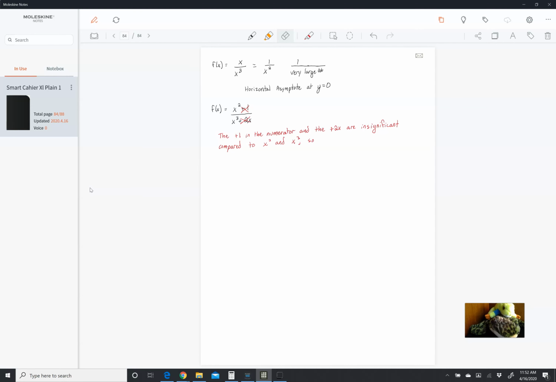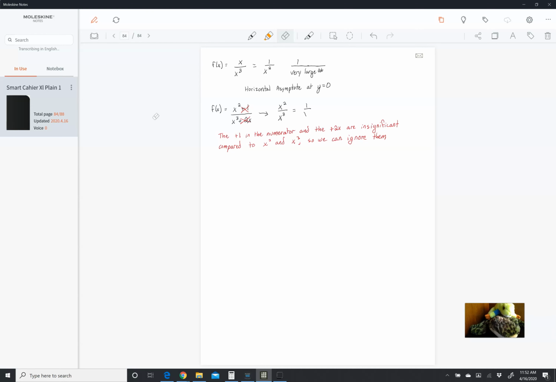So we can ignore them. So what we're doing is we're saying, hey, this is not equal to, okay? We're not using an equal sign. This is going to look the same as x squared over x cubed.